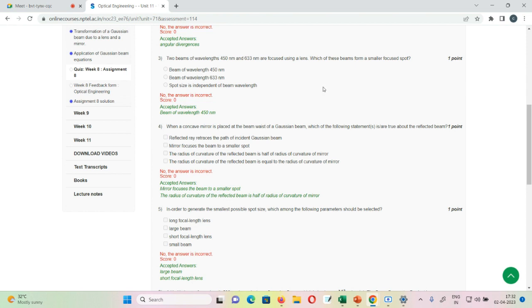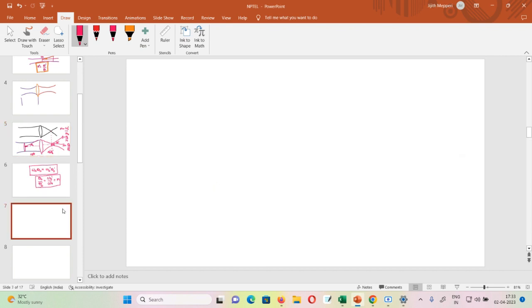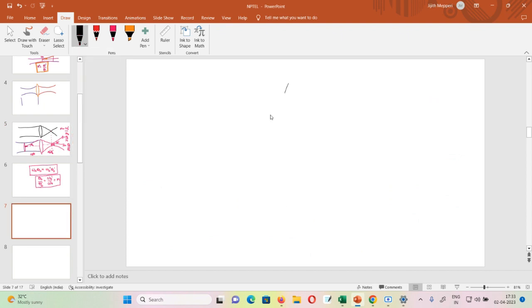Okay, now see. This is the thing which we already defined. Now the question is like that. I have a lens and I am using two Gaussian beams having the same parameters.